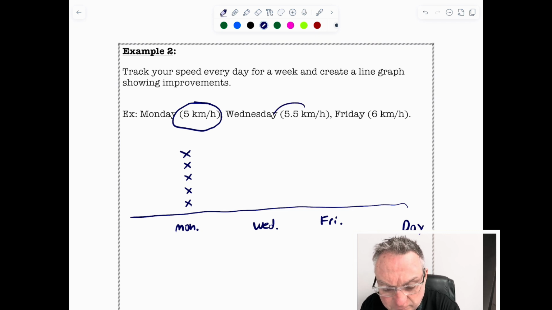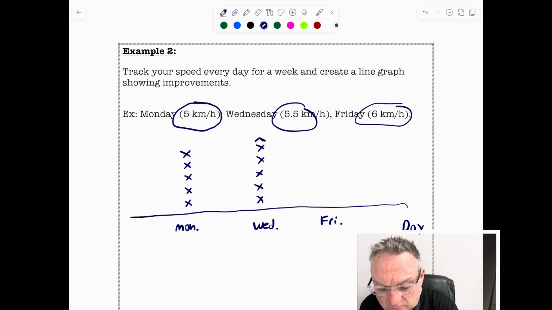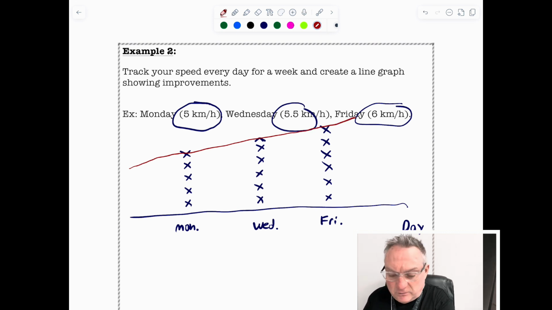For Wednesday, it was 5.5. So I've got the 1, 2, 3, 4, 5, and then I do like a half. And then lastly, for Friday, I've got 6 kilometers per hour. So 1, 2, 3, 4, 5, 6. So again, you can just see the steady progression of my speed in a visual format.